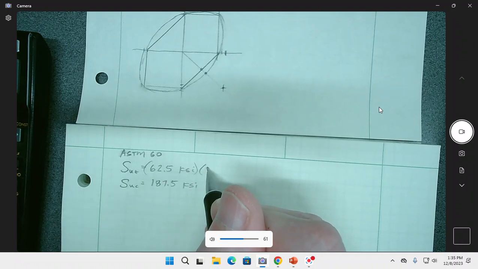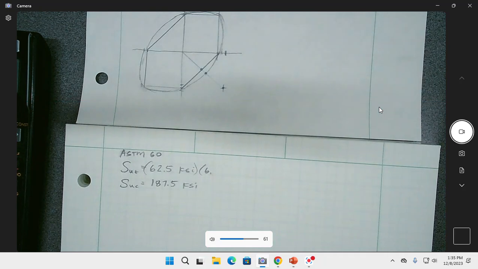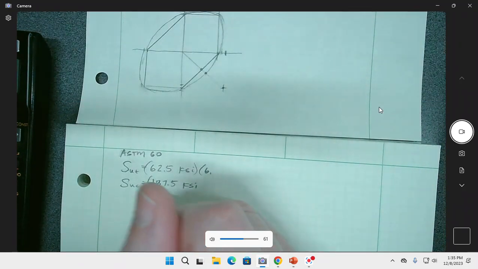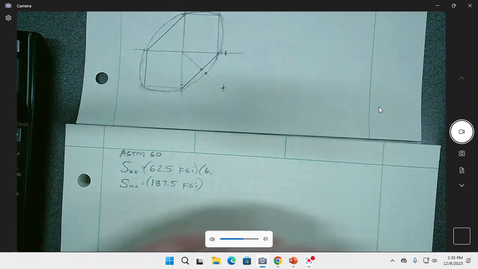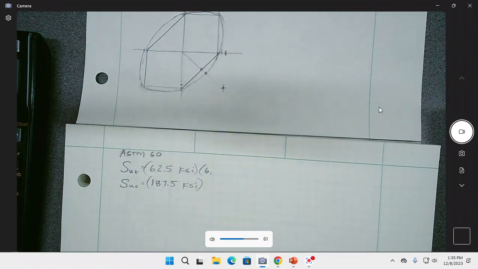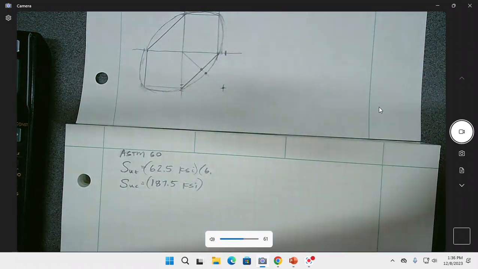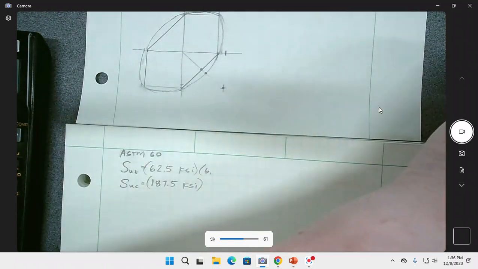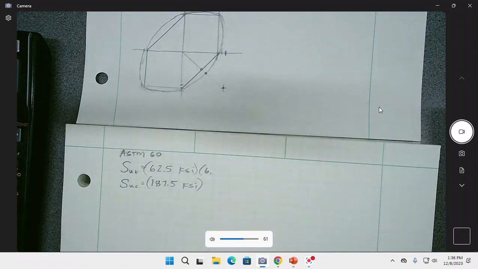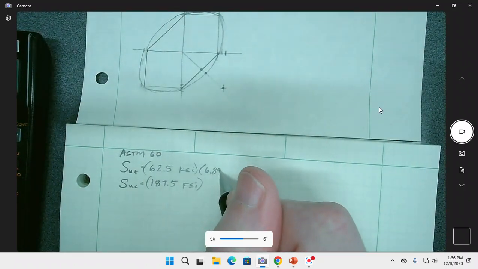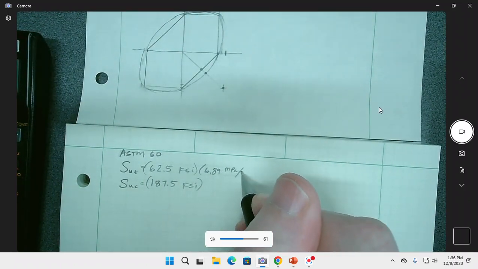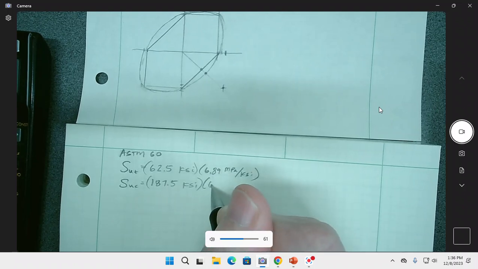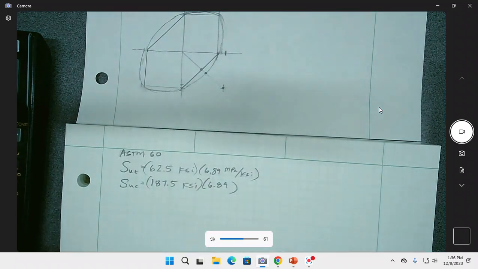What, 6.89? I'll look again. Mr. Short Attention Span. .89. 6.89 megapascals per KSI.